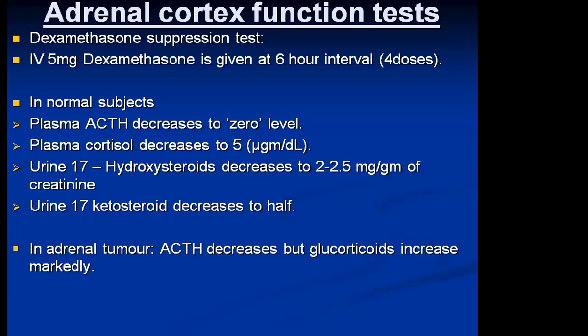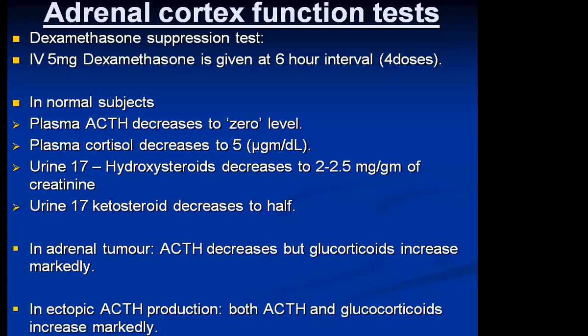That means there is definitely a tumor of the adrenal gland. However, in ectopic ACTH production, both ACTH as well as glucocorticoids increase markedly. So remember this. In this way, the dexamethasone suppression test can be interpreted.